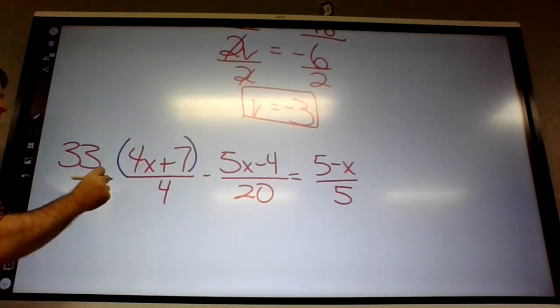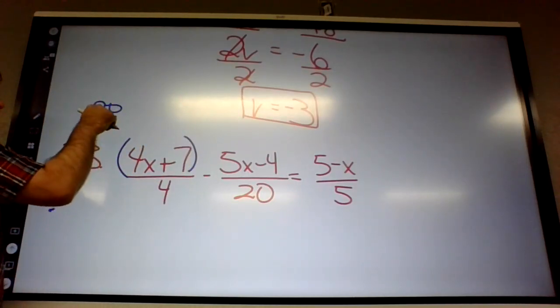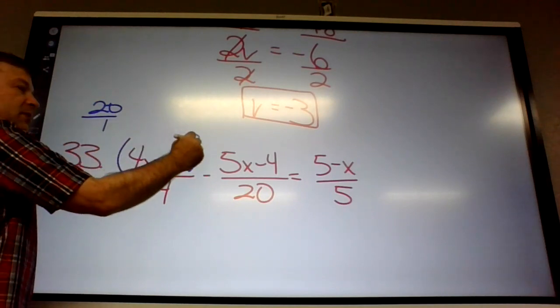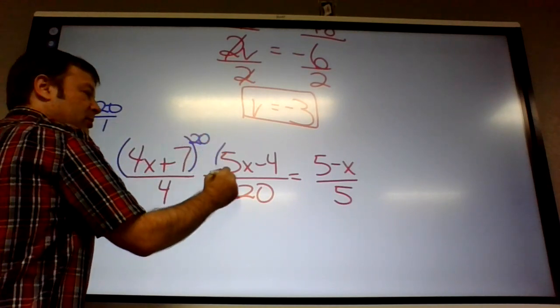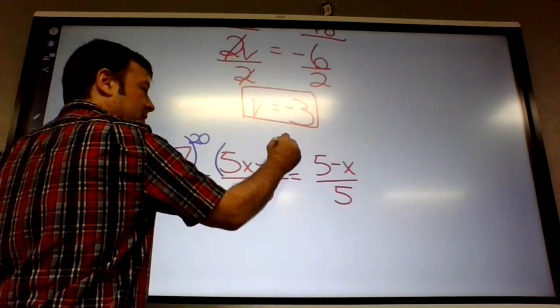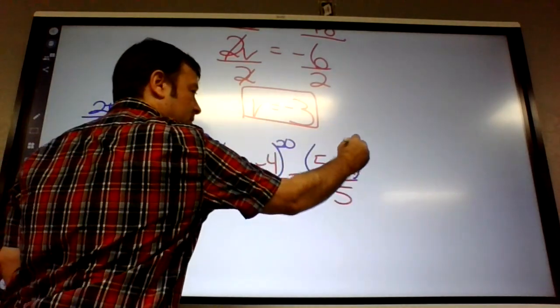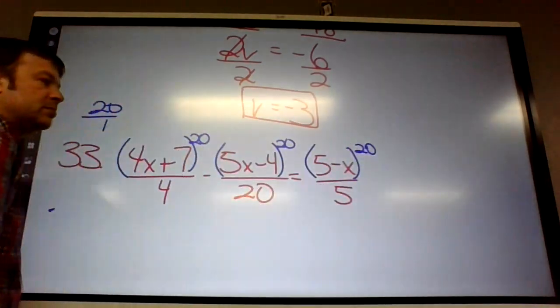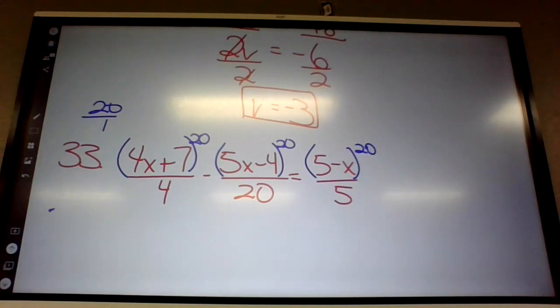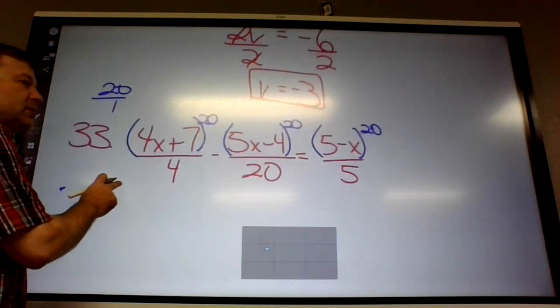Now, when you multiply by 20, you're like multiplying by 20 over 1. So really the 20 is just going to go on top. So we're multiplying every term by 20. Okay, but before I multiplied by 20, what did we do?